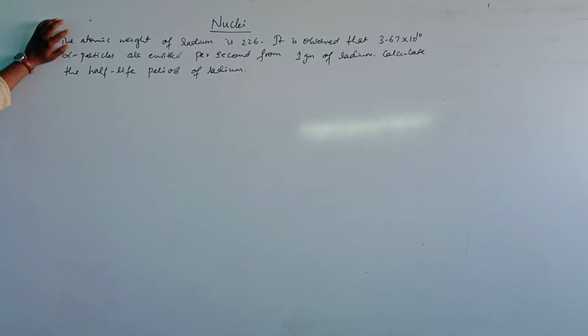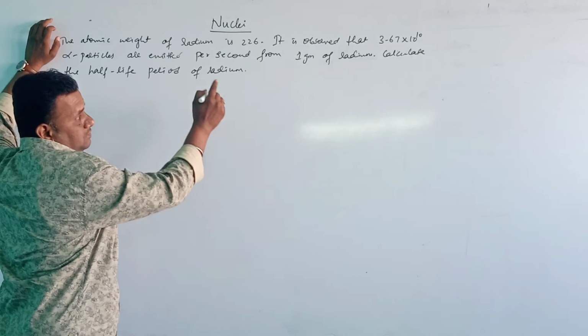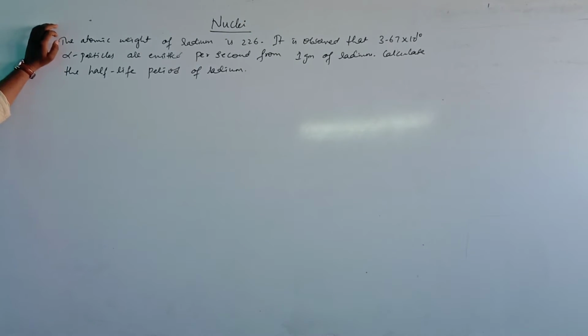Now he has given the atomic weight, that is mass, 226. He has given the activity value, that is the disintegration rate, from 1 gram of radium. Now he is telling to calculate the half-life period of radium.